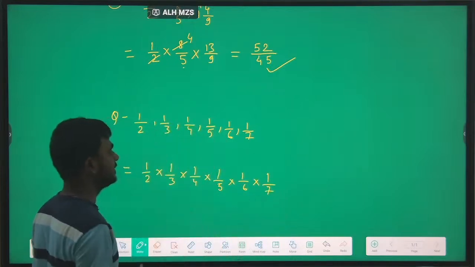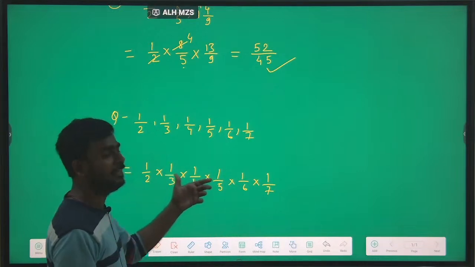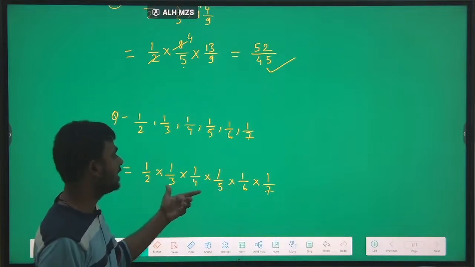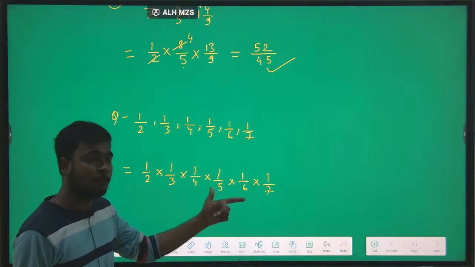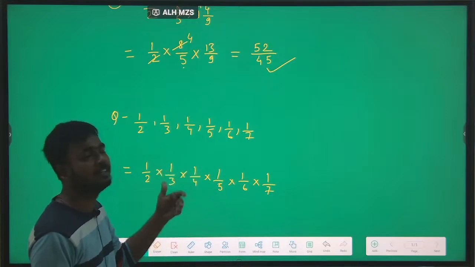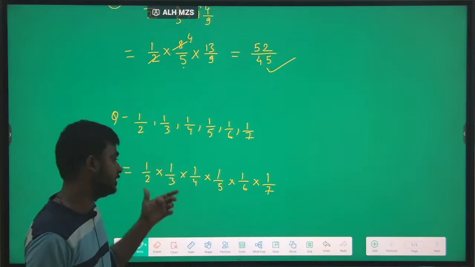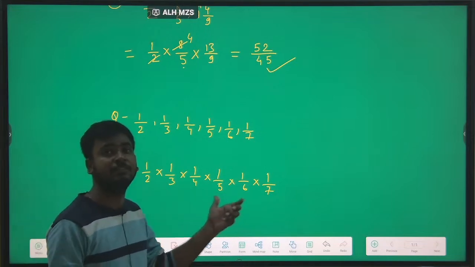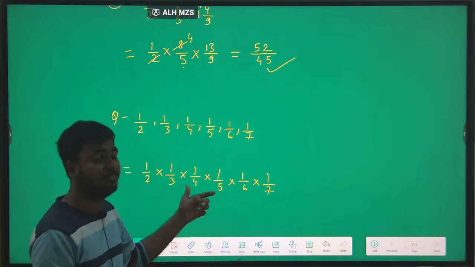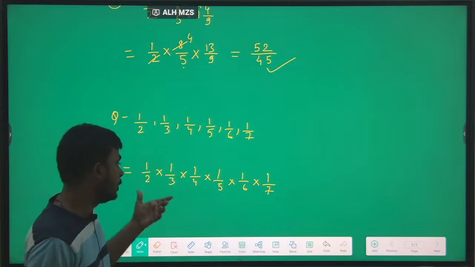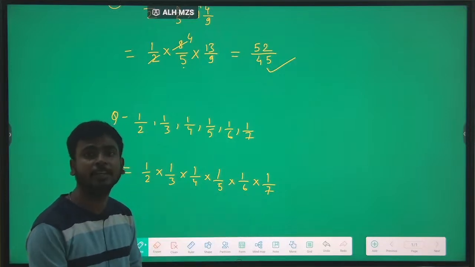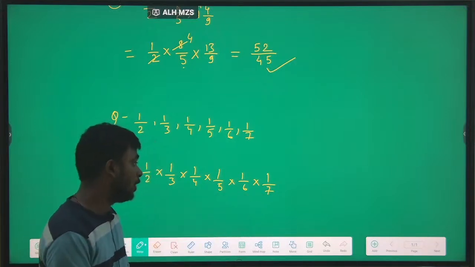Multiplying these fractions will be easy when we are taking these smaller numbers. But if in the denominator or in the numerator the numbers are like 314, or like 512, then it will be very difficult. Then multiplying these 6 terms will be very difficult. So what will we do?